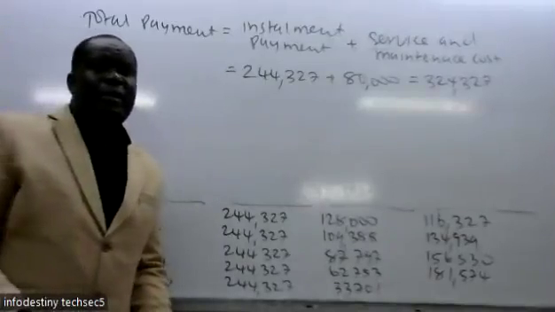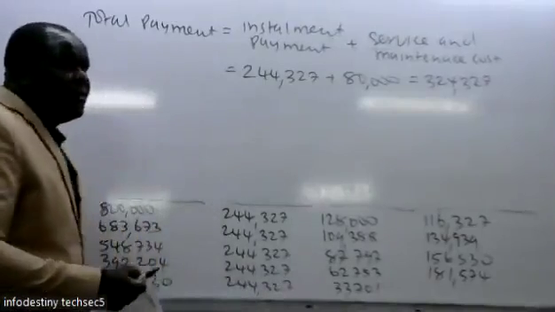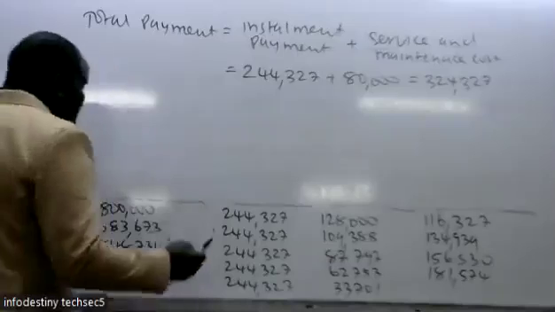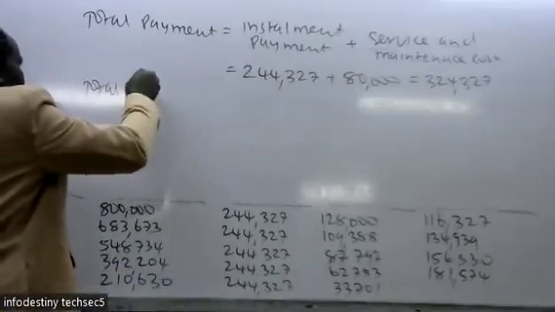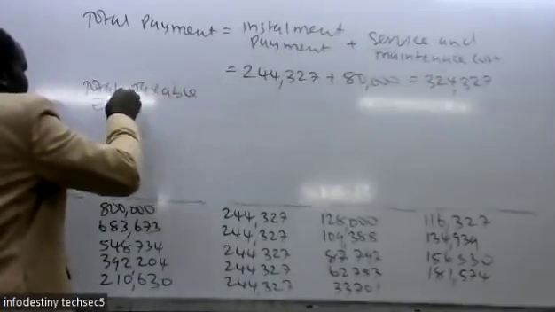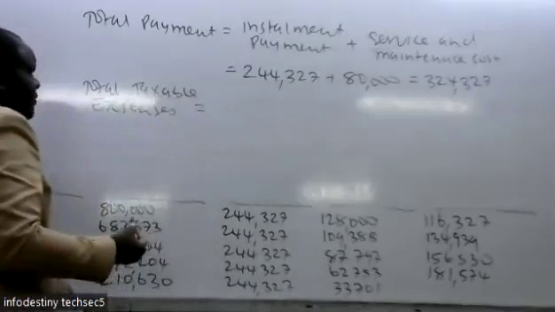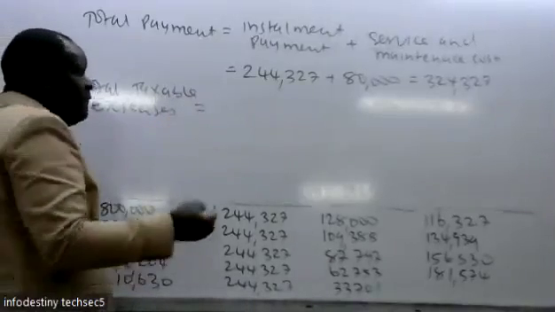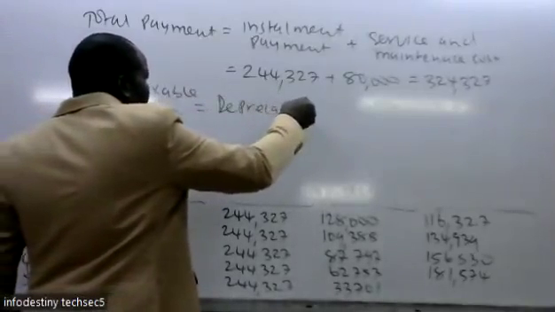Also, we get the total taxable expenses. The first one is depreciation. We calculated that.